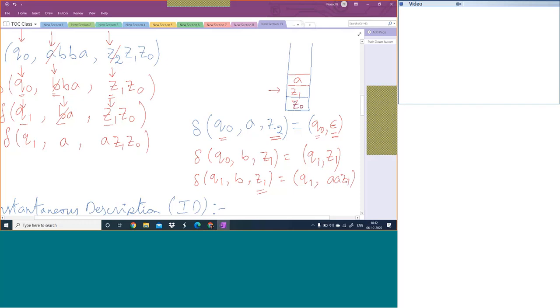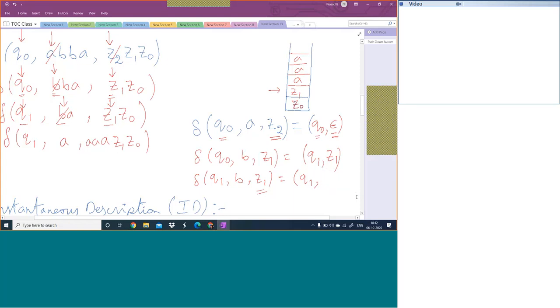This means keep the Z1 as is, and on top of Z1, you push 2 A's. And if I write AAA Z1, you keep the Z1 as is and push 3 A's like this. So by keeping the topmost symbol, we can push one symbol or two or three or four or five symbols or 100 symbols. Any number of symbols you can push by keeping the topmost symbol.